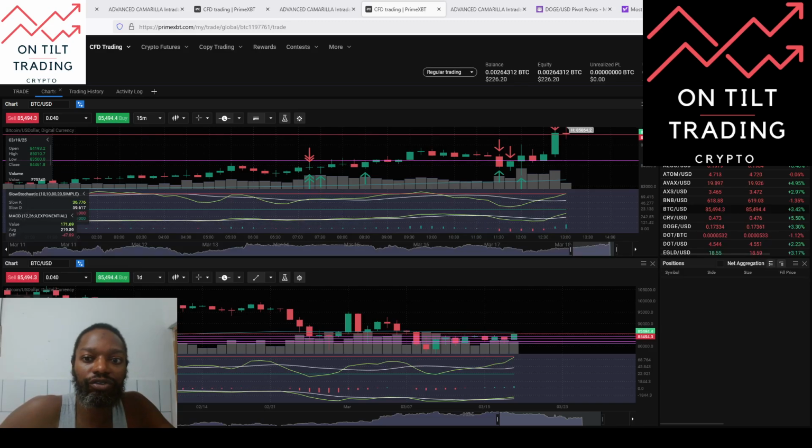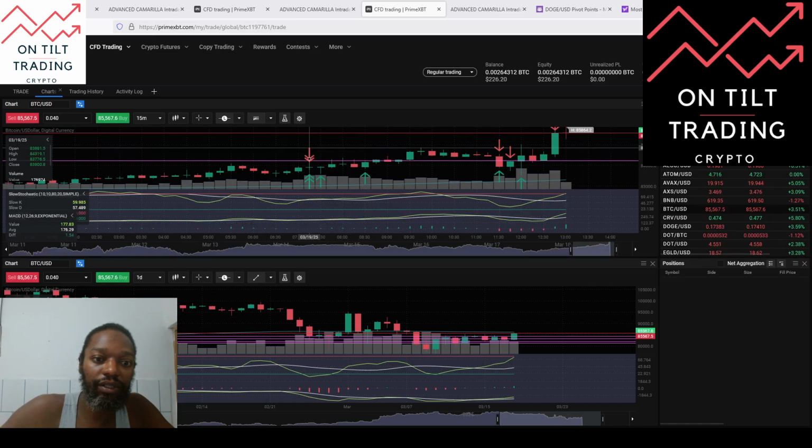My trading system is based off the Camarilla pivot points, and if price action of a currency pair trades above the R4 level, it signals for me a long to this R6 level. Here in this 715 candle, well, actually you can't see because these arrows are in the way. I'll move these up.